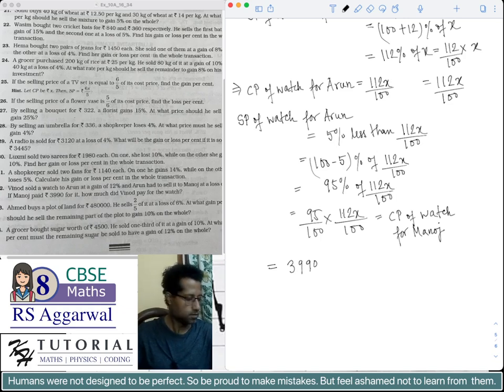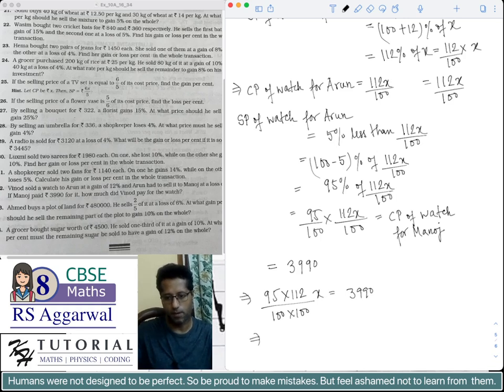So we have the linear equation in X. That is what we are having. We are having 95 multiplied by 112 divided by 100 multiplied by 100, X is equal to 3990. From here we can say X is equal to 3990 multiplied by 100 divided by 95 multiplied by 112.